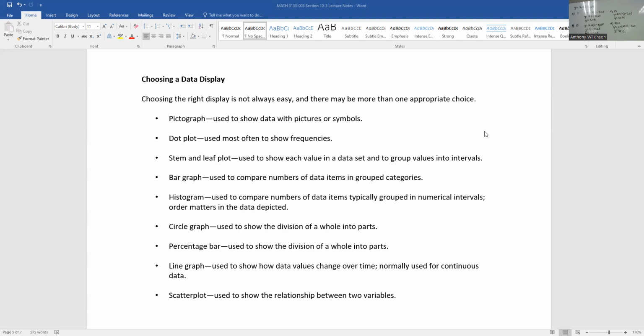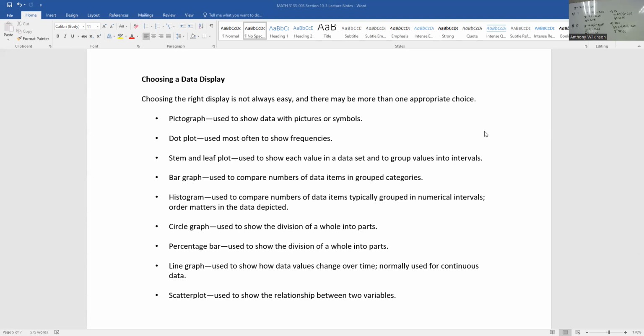Usually a bar graph is used when you're trying to compare numbers of data items in categories, like freshman, sophomore, junior, and senior. You want to use a bar graph for that because you want to group those in categories. A histogram compares numbers of data items typically grouped in numerical intervals.